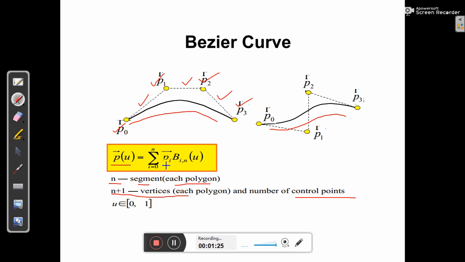So this is just the equation for Bezier curve, where P is the control point and there are n number of control points, from 0 to n, that is why n plus 1 number of vertices are there, and there are n number of segments of polygon sides, or you can say lines, and that Bezier curve B function is related with the parametric variable u, and the value of the variable lies between 0 and 1.